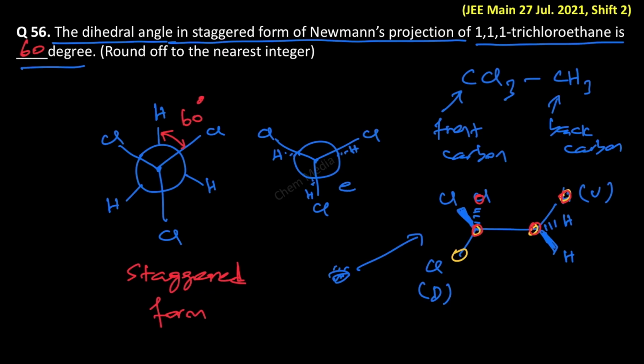This is the eclipsed form, but they are asking the dihedral angle in the staggered form, and that too these 4 atoms, whatever I have marked in red. The back carbon we cannot see. So this hydrogen, the back carbon, and then the front carbon, and then the chlorine. The dihedral angle among these 4 atoms is what they are asking. So therefore 60 degrees is the correct answer.